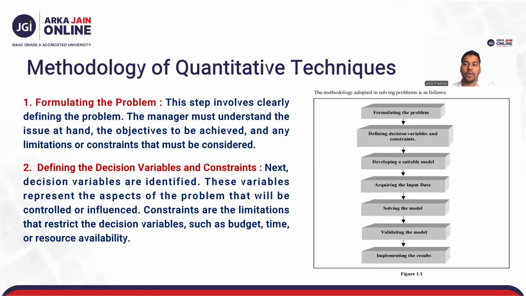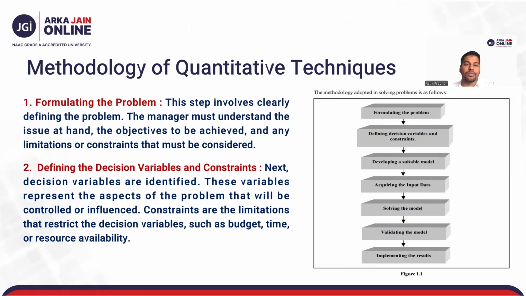Next is defining decision variables and constraints. Constraints are nothing but certain conditions based on which we will have to make the decision. Defining the decision variables and constraints is equally important, and that is the reason it is the second step in the quantitative techniques methodology.